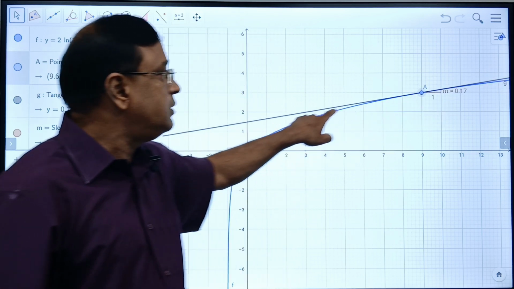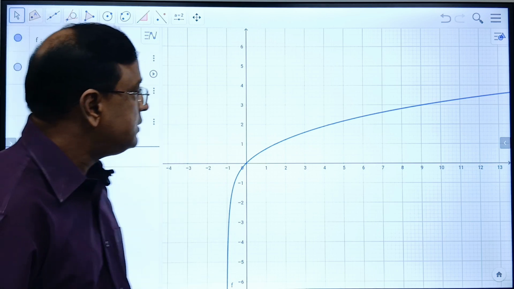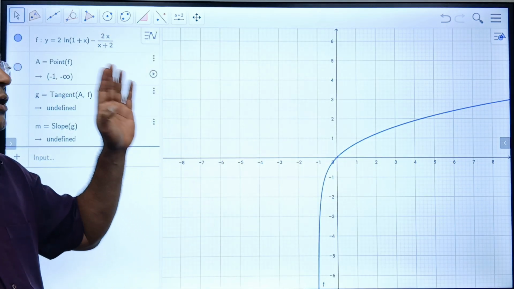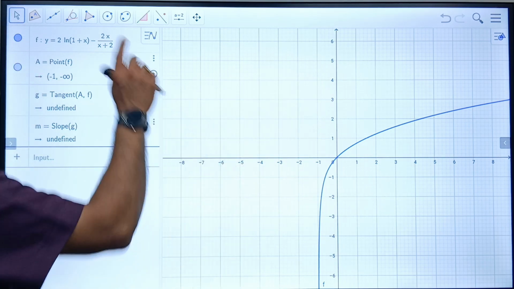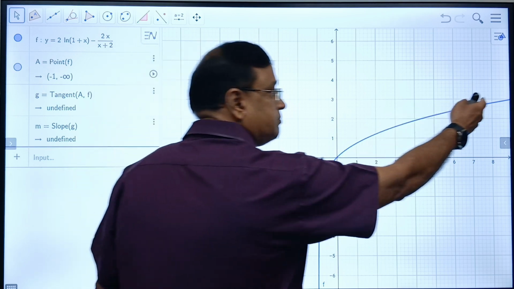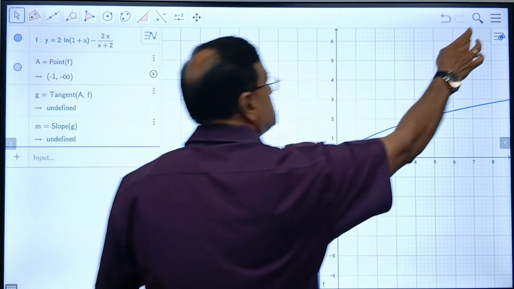So this logarithmic function is an increasing function, from -1 to +infinity, it is always increasing. So this particular function is always increasing. You can visualize it. It's very, very clear. Is it clear? Okay. Let's go to the next one.